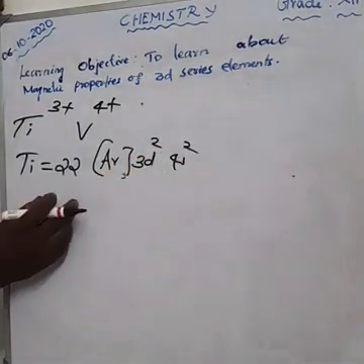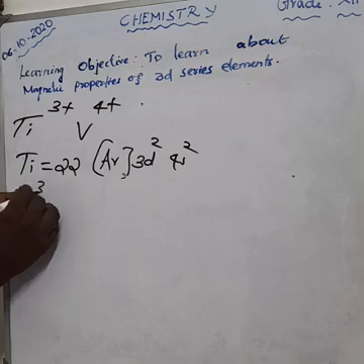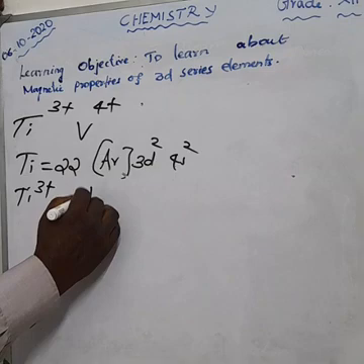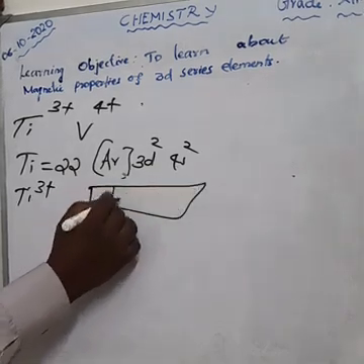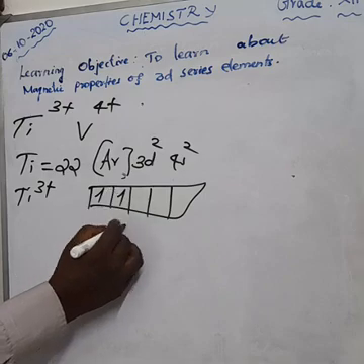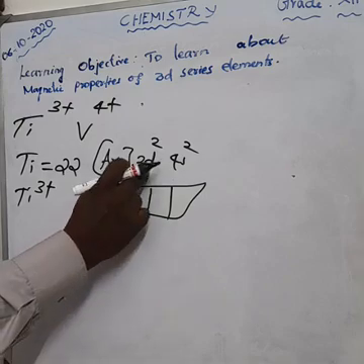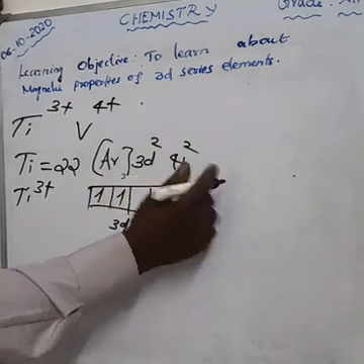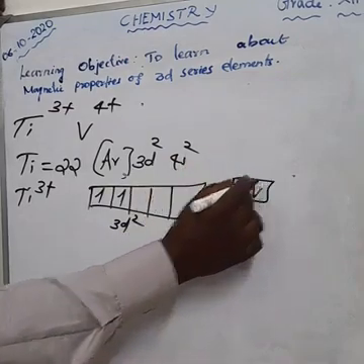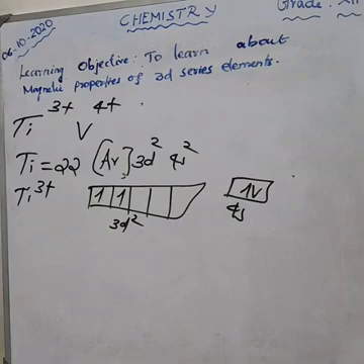Clear? So for titanium 3+, the 3d subshell has 2 electrons, and the 4s has 2 electrons.